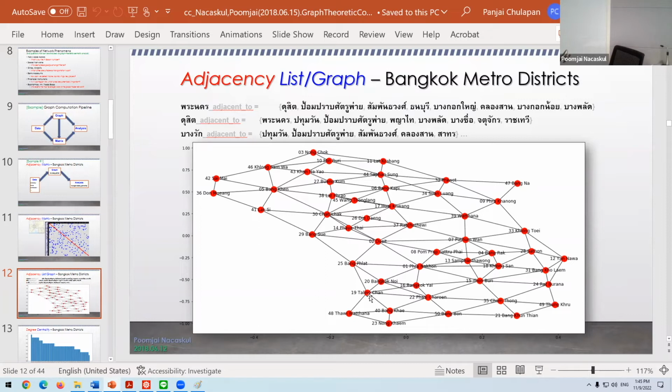Let's say this is like a distance. If you're going from Don Mueang to Yannawa, technically maybe this is the shortest path, but if I define the shortest path as the minimum number of transportation hubs or districts I have to go through, you know what a shortest path is.